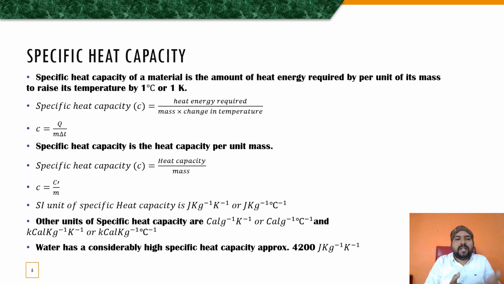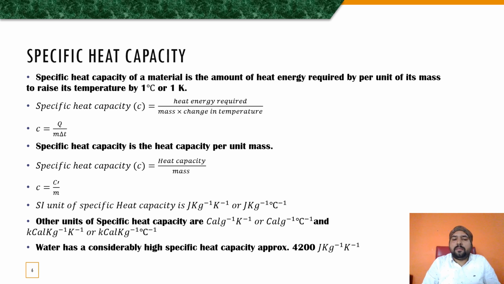We can also say that specific heat capacity is the heat capacity per unit mass. If a particular substance has a certain heat capacity, dividing it by its mass gives its specific heat capacity, and the SI unit is joule per kg per Kelvin, or joule per kg per degree Celsius.